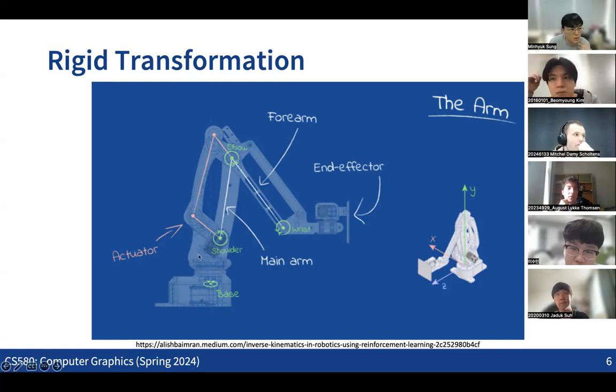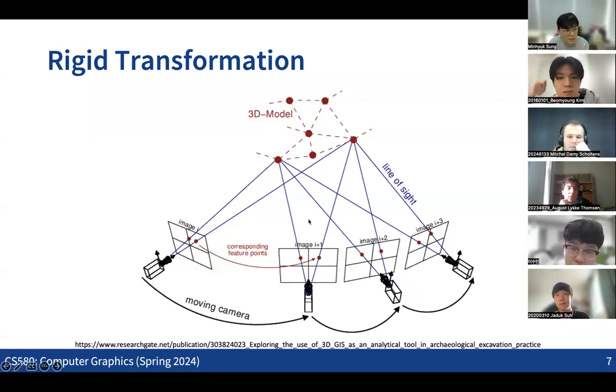And also in computer vision, we can see many applications utilizing this rigid transformation. One of the most representative examples might be structure from motion.